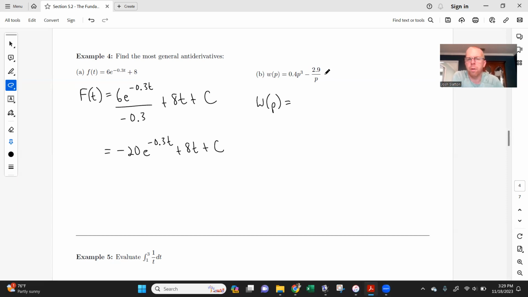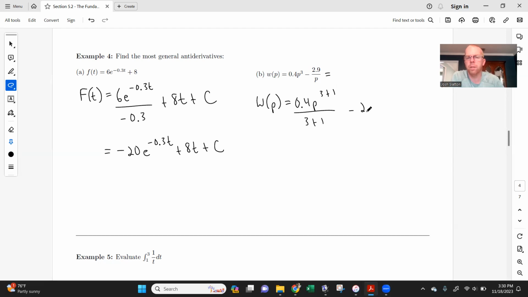All right, so this one, let's rewrite this with p. Actually, we don't need to do that, because when it's 2.9 over p or 2.9 over x, the antiderivative is just going to be the ln function. So let's add 1 to that exponent, and then divide by the new exponent.